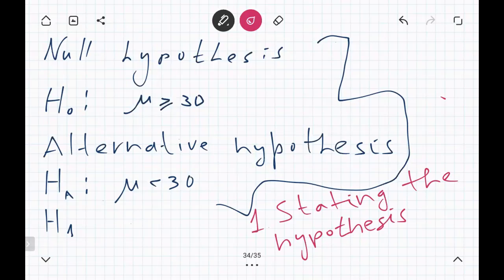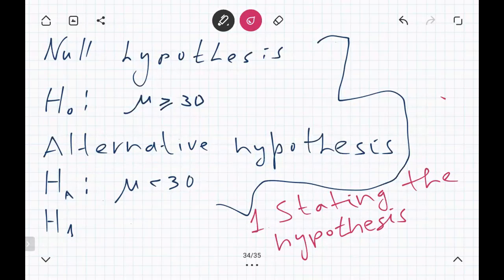And we want to check whether the null hypothesis is false or not. This is not a branch of maths where we can have 100% exactness. It's statistics, it's connected with random things.